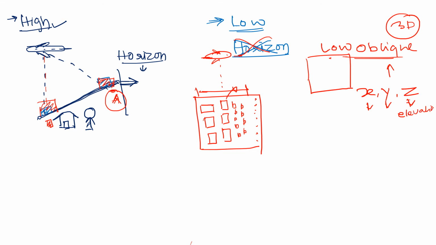If you get the elevation, then you can easily identify the heights and create very 3D images. So this is the difference between high and low angle. In continuation, we'll see another part.